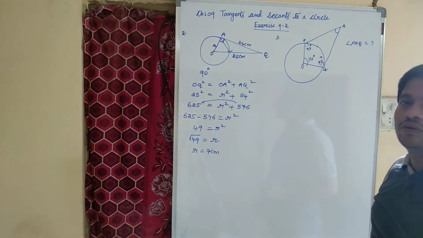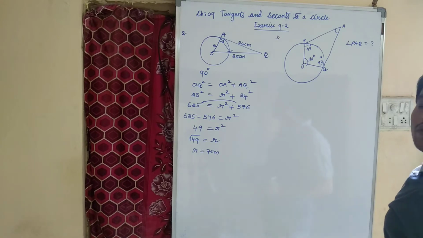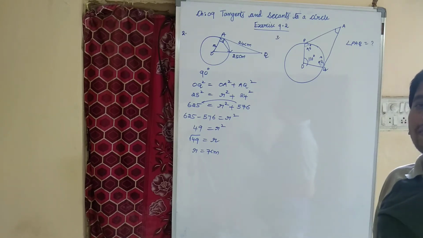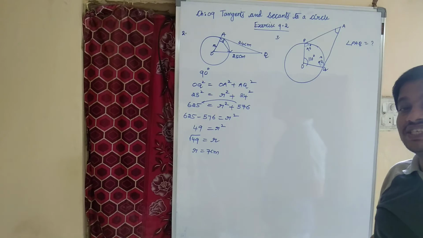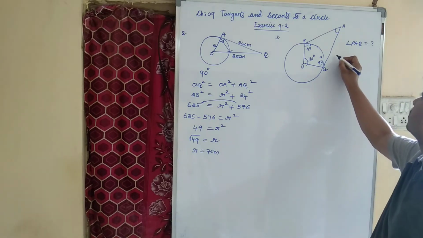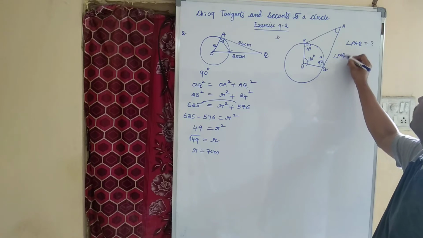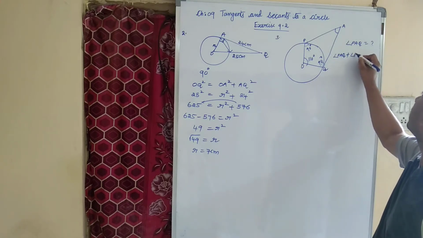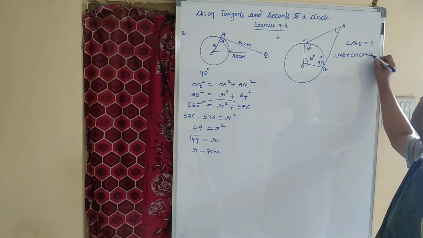Now we know that the angle sum property of a quadrilateral is that the sum of the four angles equals 360 degrees. So the angles are PAQ, which is what we want, plus angle P plus angle O plus angle Q, which implies 360 degrees.